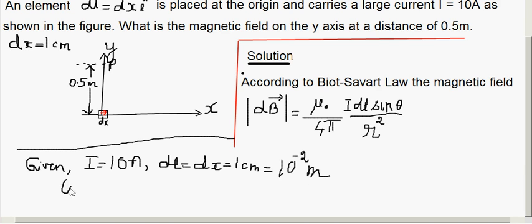And theta is the angle between dl and r. Theta is 90 degree in this case, because our current element is along the x direction and we are finding out the field along the y direction. So the angle between them is 90 degree, therefore sin 90 is 1.